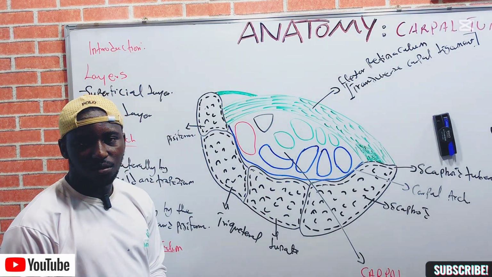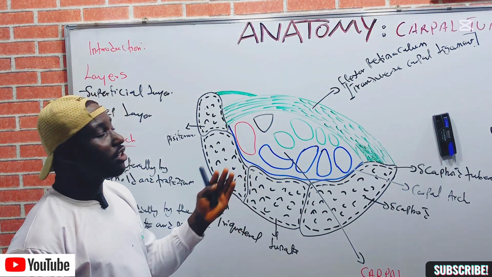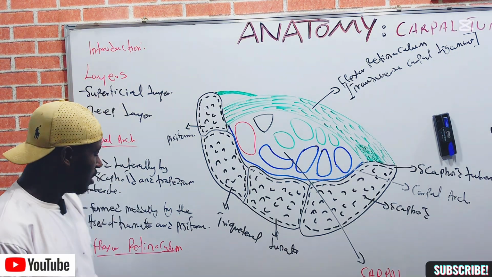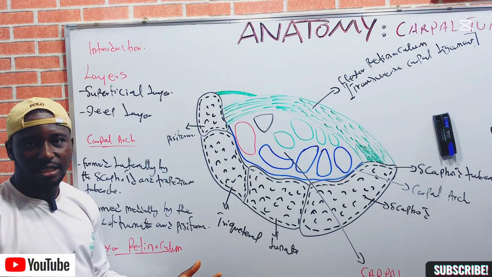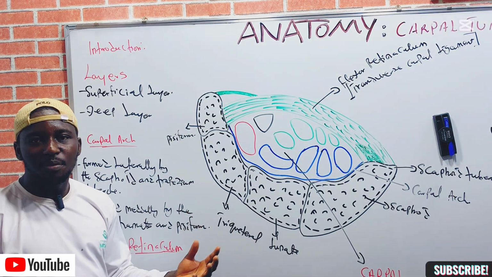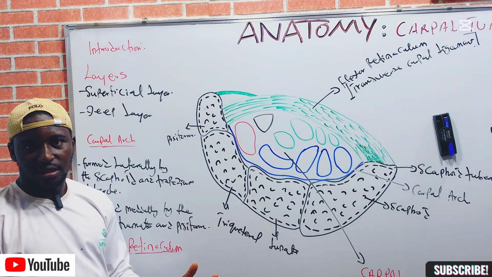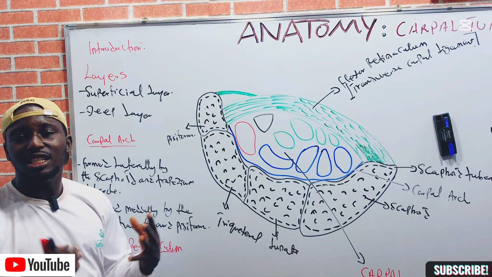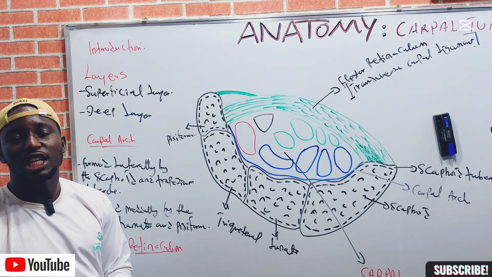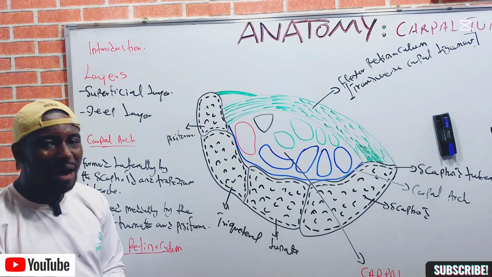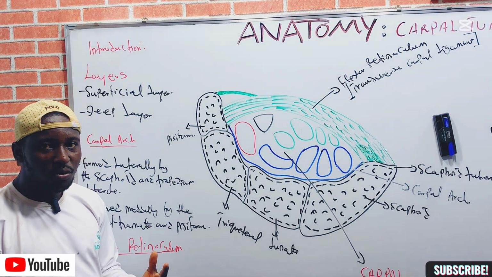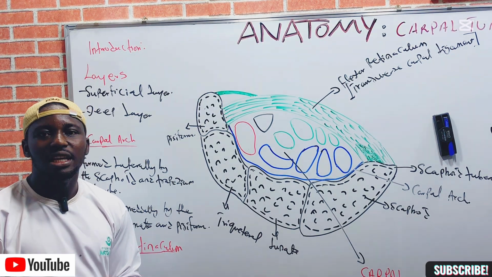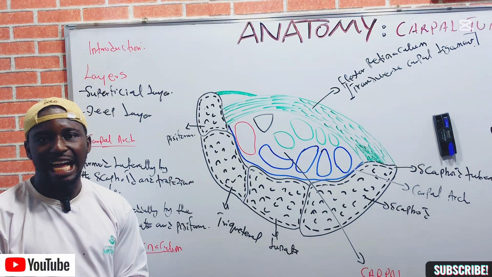And what does this flexor retinaculum do? It converts the deep carpal arch into a tunnel, by bridging the space between the lateral and the medial aspect of the arch.